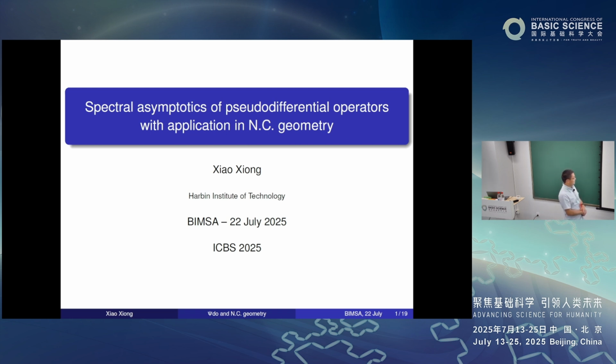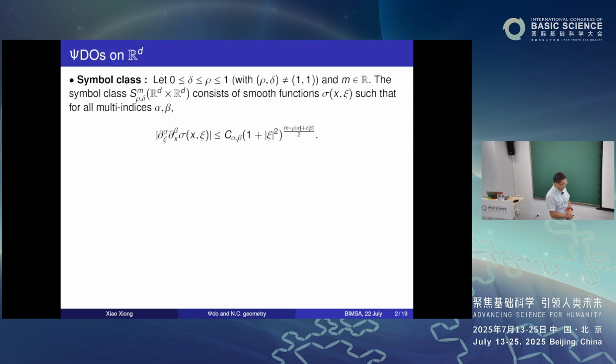I will explain our result about the spectral asymptotics and how this can be applied to Alain Connes' non-commutative geometry.